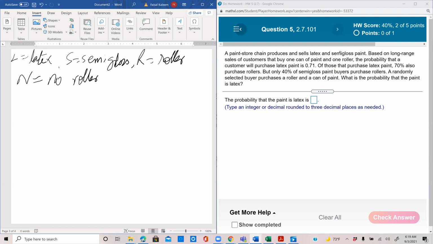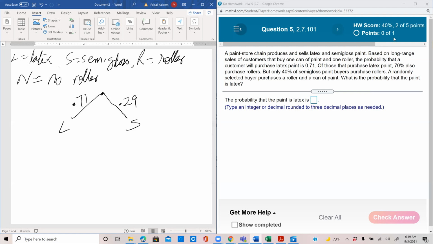Initially, a person will buy one of the two paints, latex or semi-gloss. Latex paint is 0.71, so semi-gloss would be 1 minus 0.71, which is 0.29.